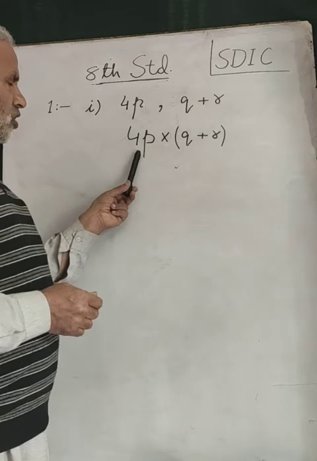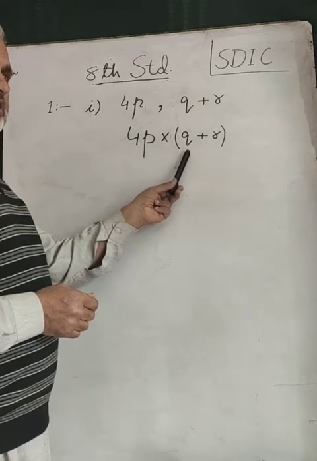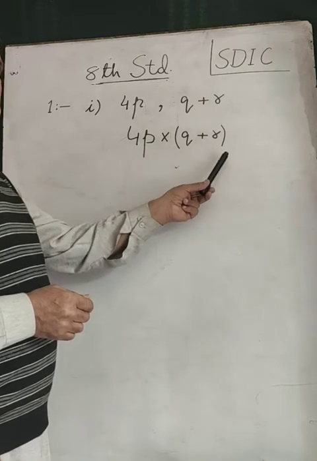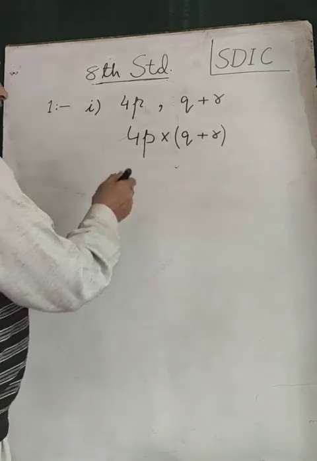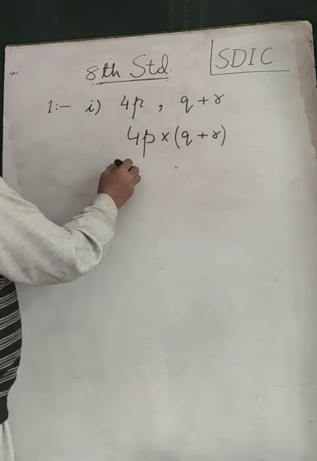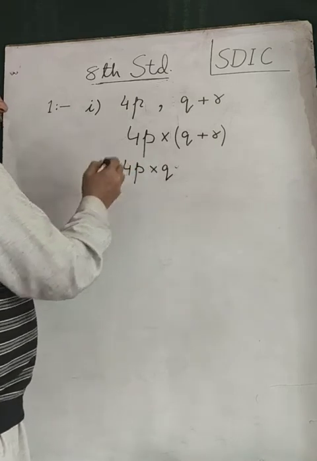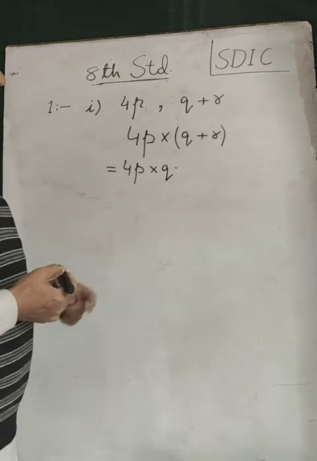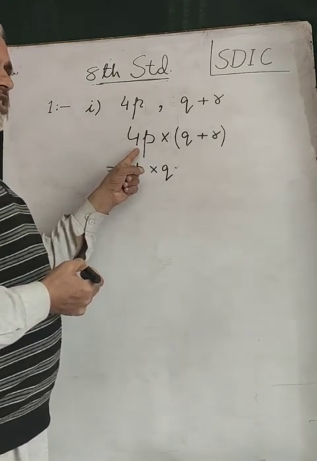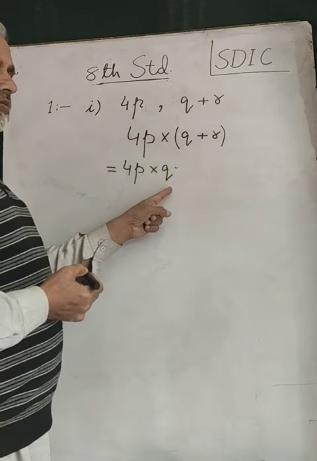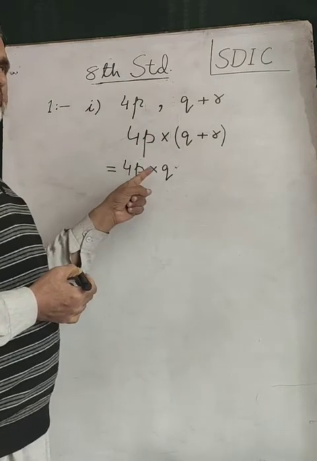By this 4p you have to multiply first q, the first term in the bracket. Then by the same 4p you have to multiply r also, the second term in the bracket. So therefore this will become 4p multiplied by q. This will be the first part. By this monomial, which is outside the bracket, we multiply the first term in the bracket, that is q. We are using distributive law.